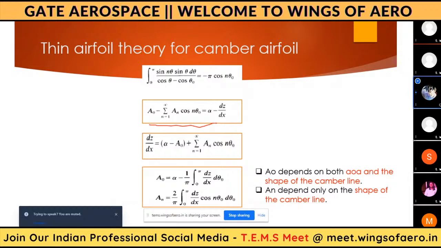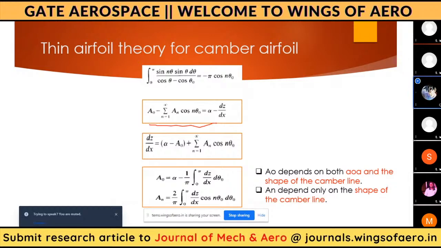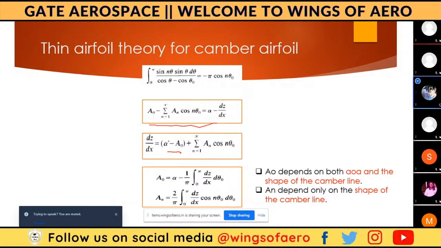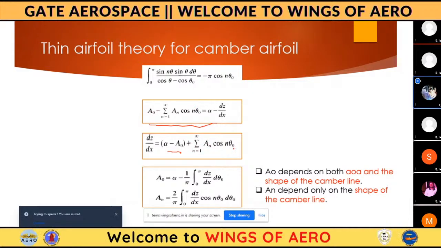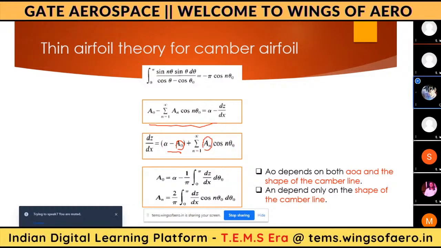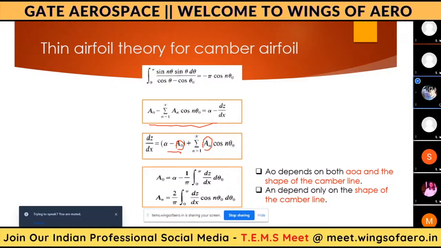And also from that, dz by dx equal to alpha minus A naught plus summation of n equal to 1 to infinity An cos n theta naught. So here we have two constants, A naught and An. If n equal to 1 it will be A1, then n equal to 2 it will be A2.